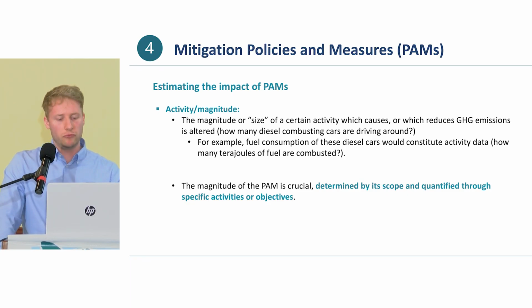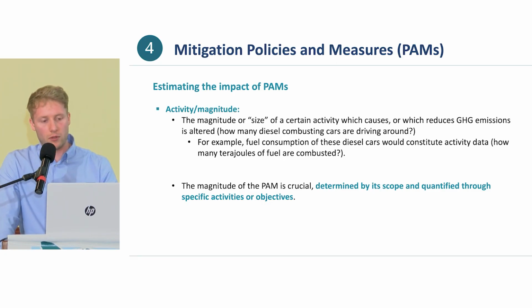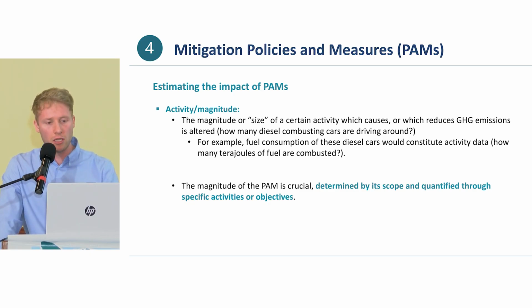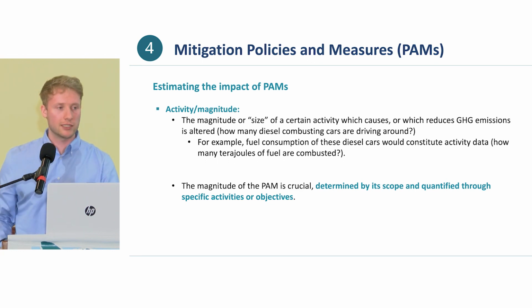That would be reducing or not driving our cars on Sunday, right? So we reduce our car use by 10% maybe over the week. So that decreases the magnitude while we don't change our fuel. We don't move to less polluting fuels. We have the same fuels. We just drive less. So that would decrease then the activity and magnitude.